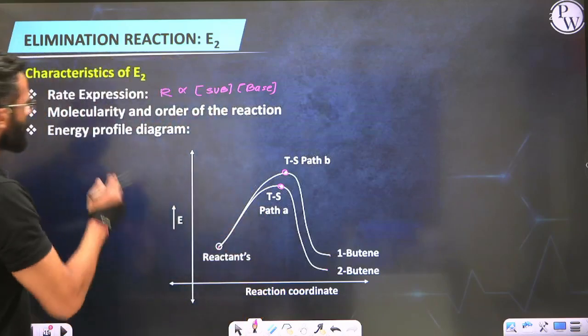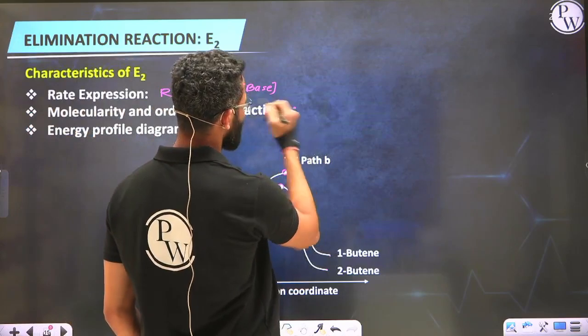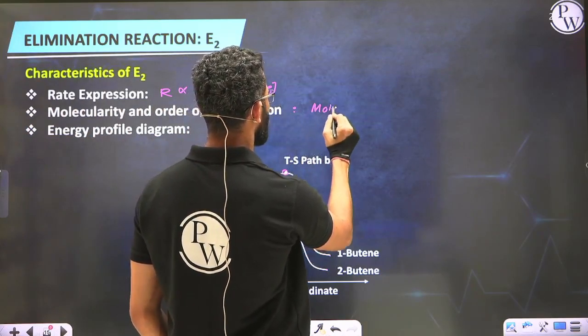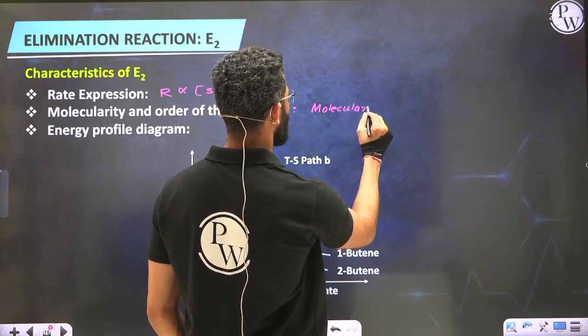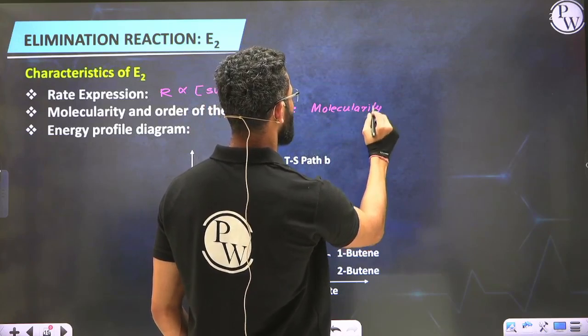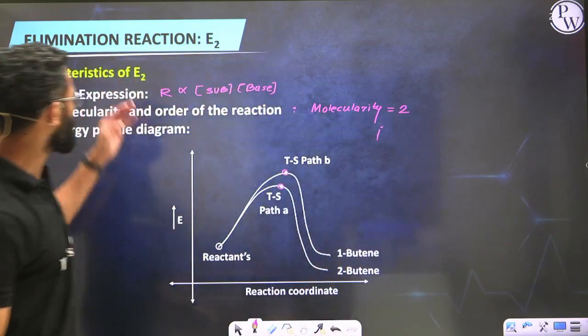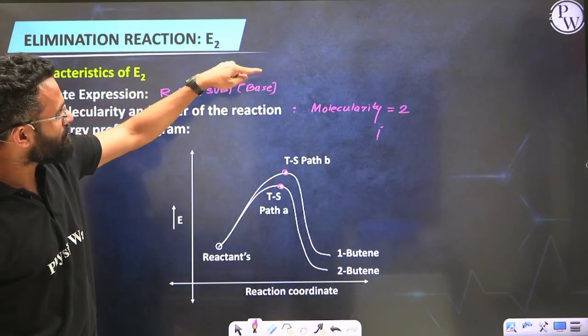Now, molecularity and order of reaction. Well, from the rate determining step we saw that the molecularity of the E2 reaction is 2. And from the rate expression we can see substrate to the power 1, base to the power 1.